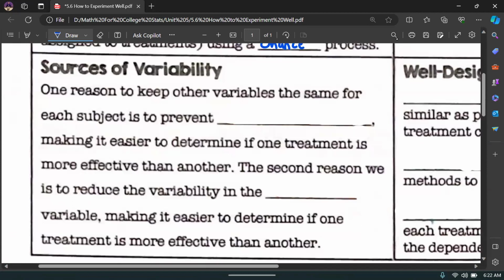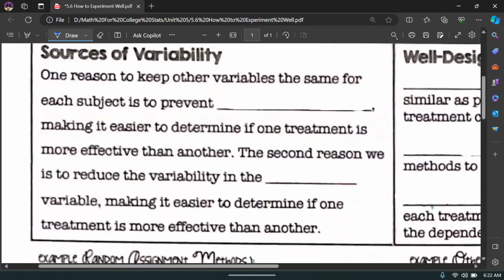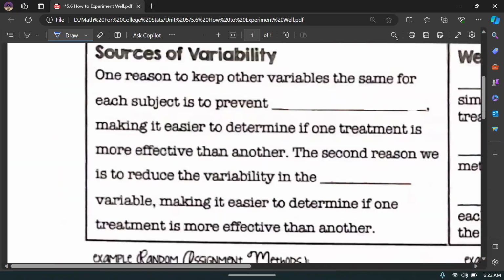Sources of variability. One reason to keep other variables the same for each subject is to prevent confounding. If other variables are adjusting instead of just the singular variable that we want to be adjusted, then those other variables that are changing could impact the results.